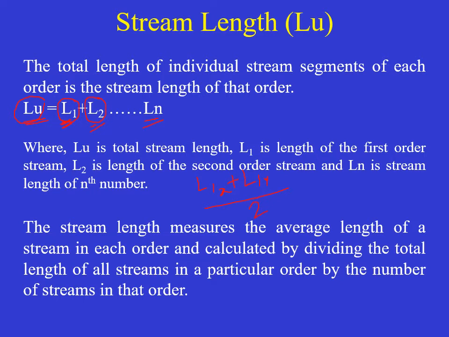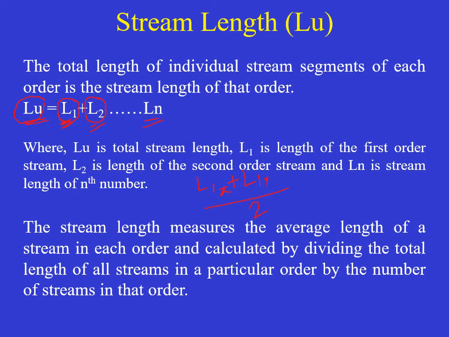In this case the number of first order streams is 2. So I add the lengths of L1X and L1Y and divide by 2. That gives us the mean length of first order stream. Similarly for other order streams also. So that is the mean first order length.